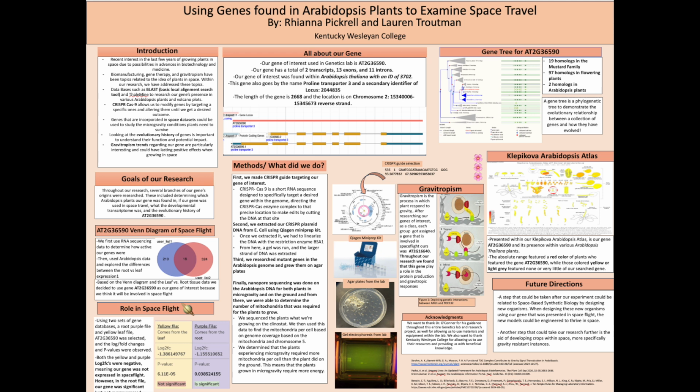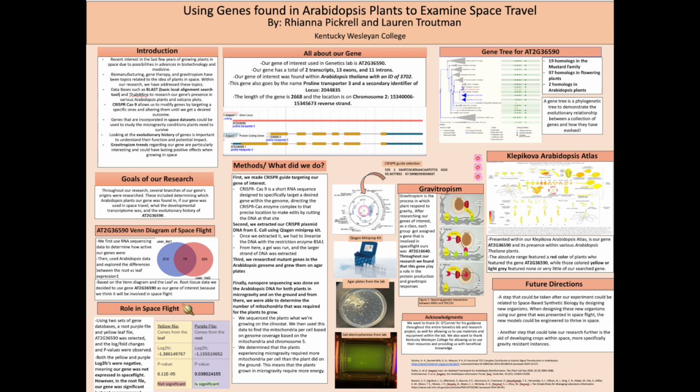And then moving on to gene expression analysis in spaceflight, using two gene databases representing the root, the purple, and the yellow in the leaf, tissues were analyzed to investigate the expression of our gene AT2G36590 during spaceflight. Log2 fold changes and the p-values were calculated for both datasets.